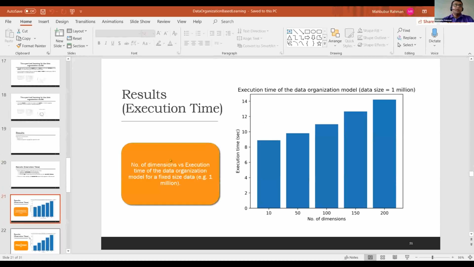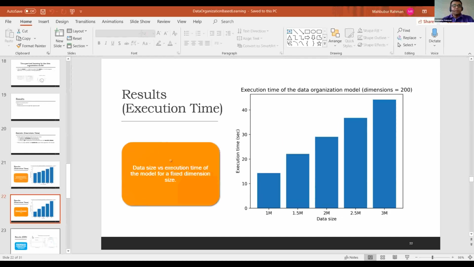Next, I will show how much time it might take while varying the number of dimensions and fixing the data size. So this is the overall execution time in seconds, and here we have fixed the data size at 1 million. However, we have increased the number of dimensions, and we see a linear increase. Next, we have fixed the dimensions.